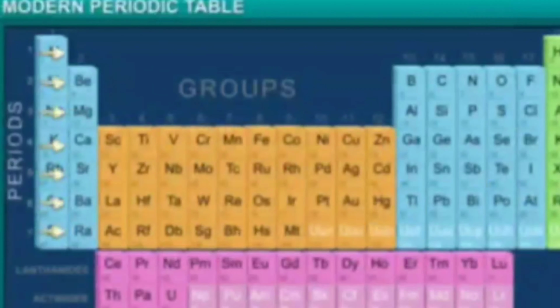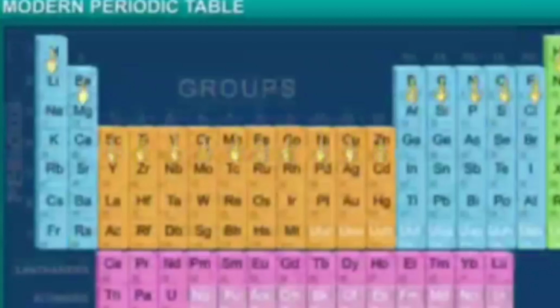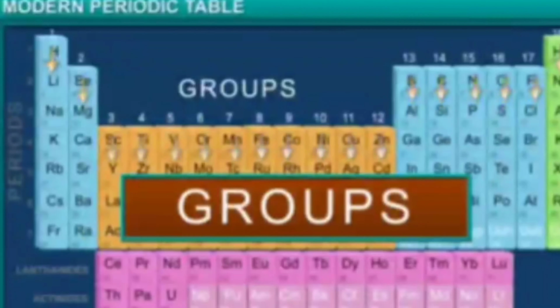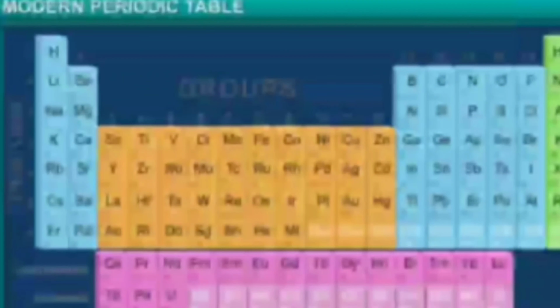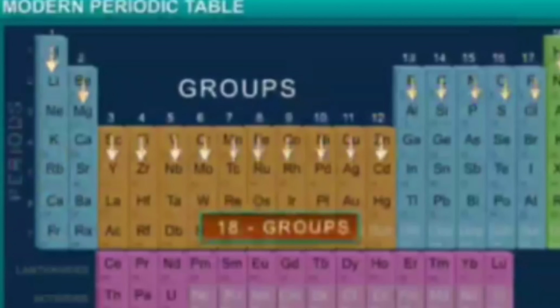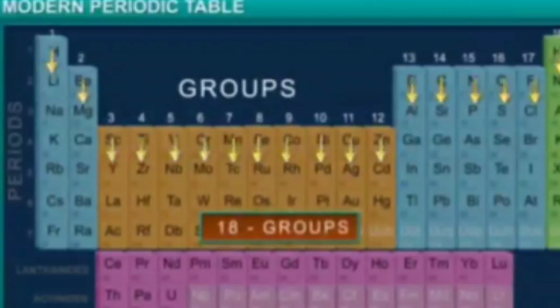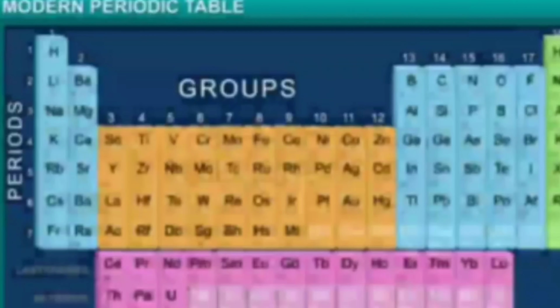So these horizontal rows are called periods, and vertical columns are called groups. In the periodic table, there are 7 periods and 18 groups, excluding lanthanides and actinides.